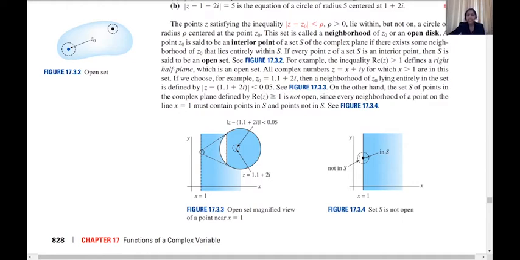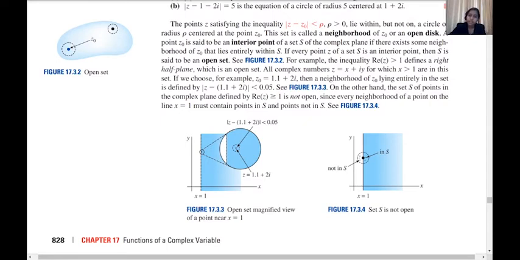But if you see the figure 17.3.4, that is, the region of real part of z greater than or equal to 1, in this case we cannot say that this region is open. Why? Because if you take the points on the boundary, that is, the points on the line x is equal to 1, then in whatever way you draw the circle, or find the neighborhood, a part of it will definitely lie outside this region.